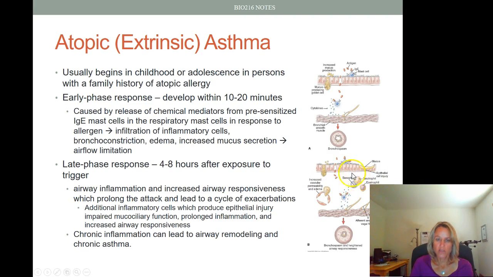So we get additional inflammatory cells, and these can produce epithelial cell injury. This can impair the mucociliary function, so the cilia don't beat as much, and we produce extra mucus, and then we don't clear it as well, and just kind of a heightened responsiveness of the airways. And as I mentioned before, chronic inflammation can ultimately lead to airway remodeling and chronic asthma.